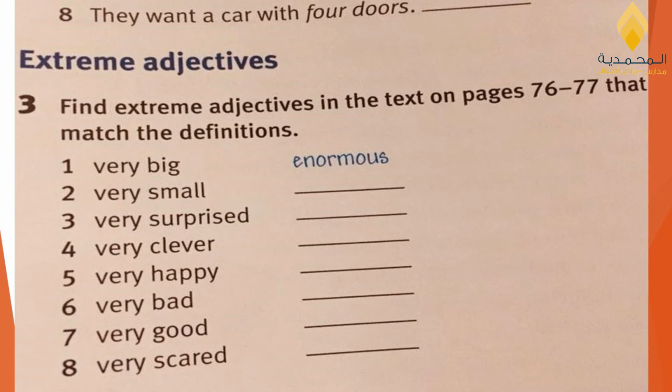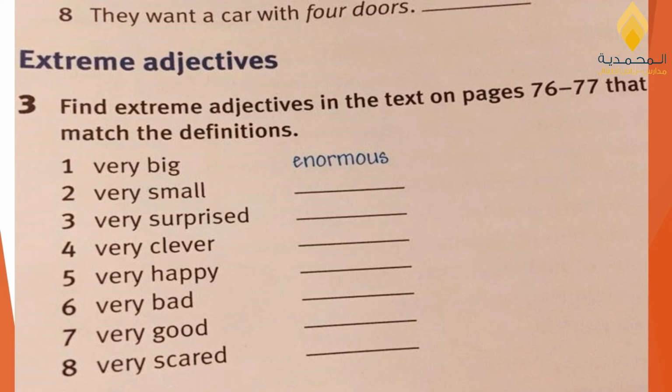Very bad. What's the word for that? Terrible. 7. Very good. What was the word that the text used to say it was very good? Yes, terrific.